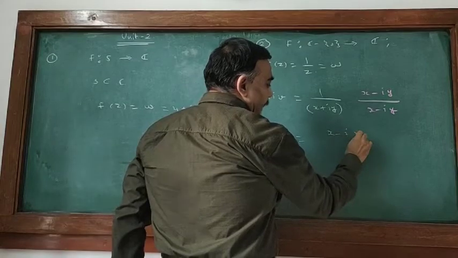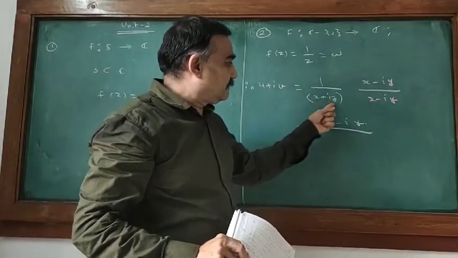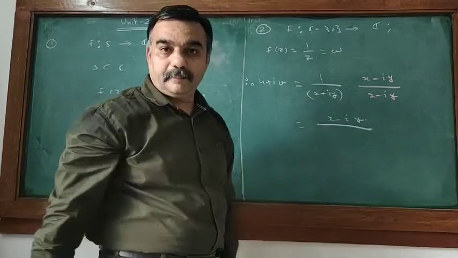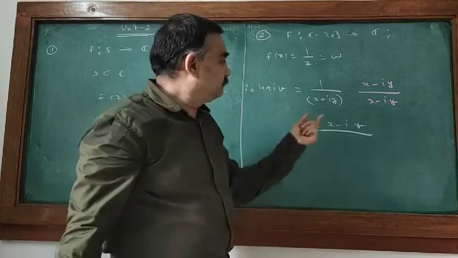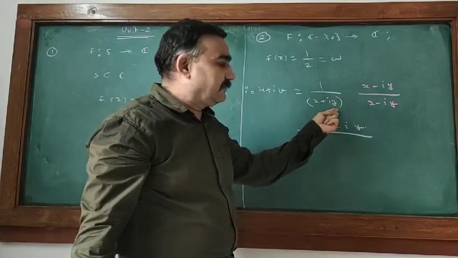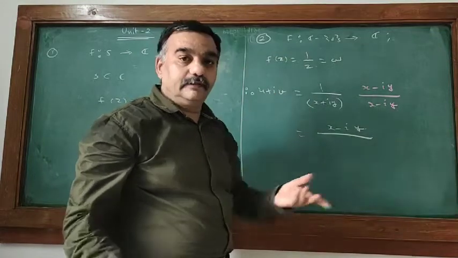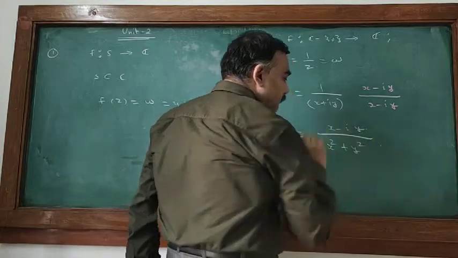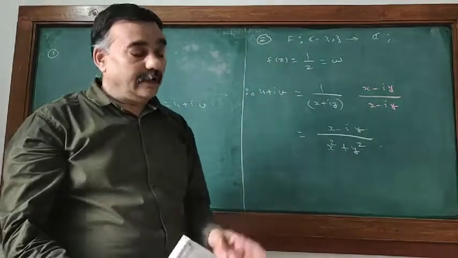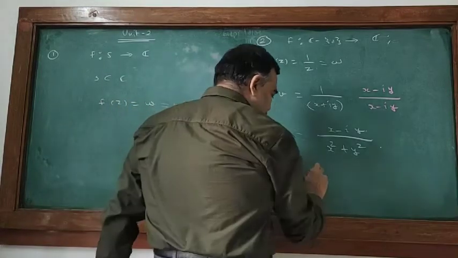x minus iy and x plus iy, x minus iy. If you multiply both these terms, what will you have? x square minus i square y square. But what is i square? That is minus 1. So this value is x square plus y square. Now split them.